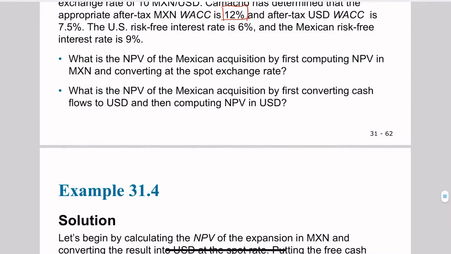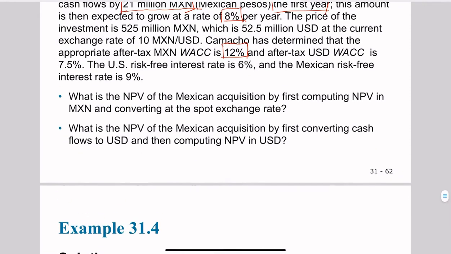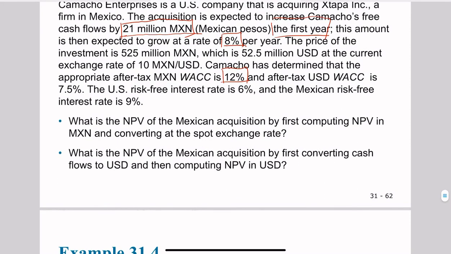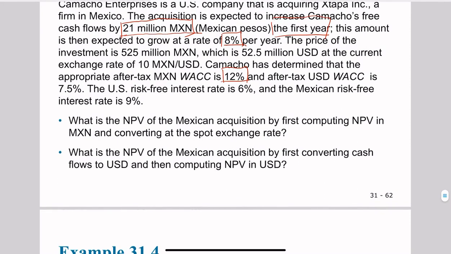Okay, now let's see how this works. Let's first convert cash flows to USD. Note here, we don't have forward exchange rate, right? Because we know that if you want to convert future cash flows, you have to use forward exchange rate. So what we can do is use the covered interest rate parity.